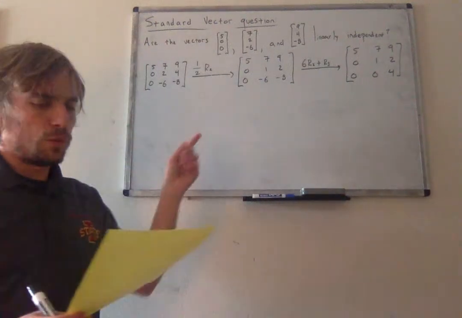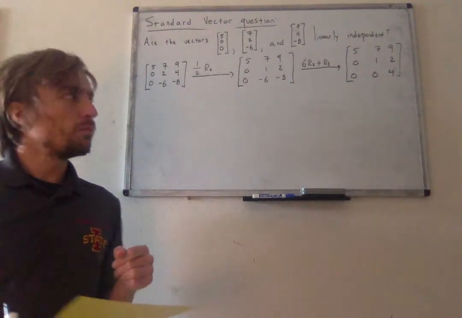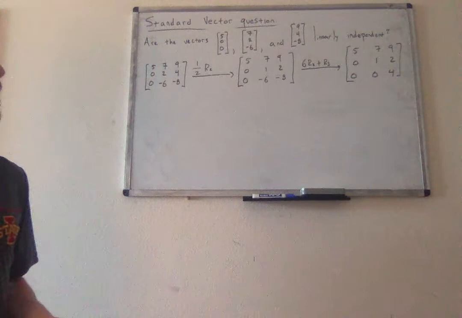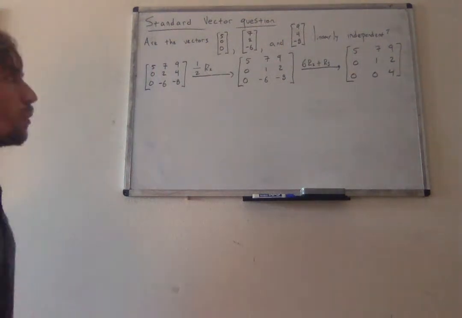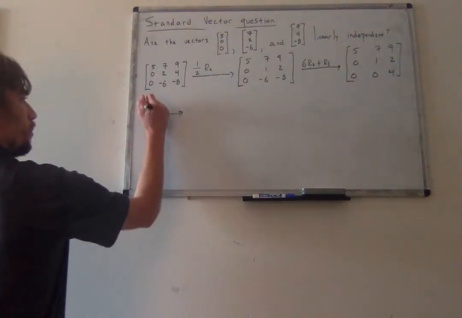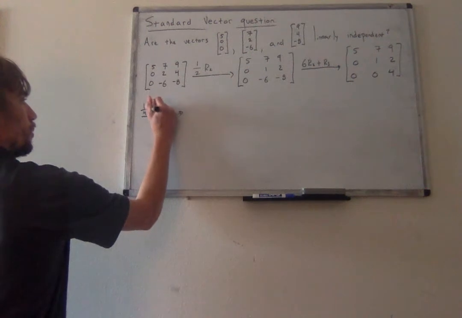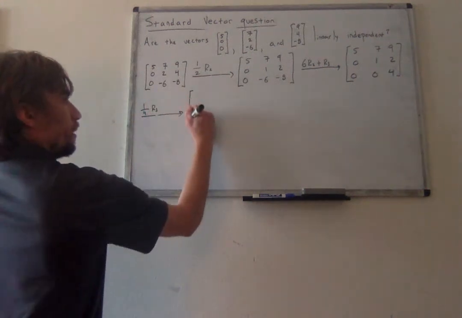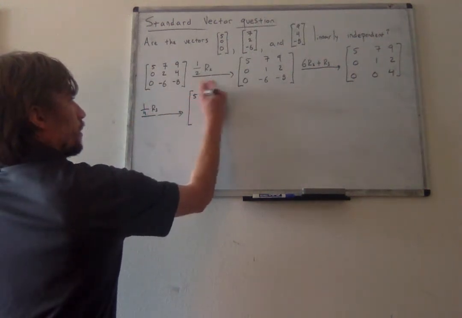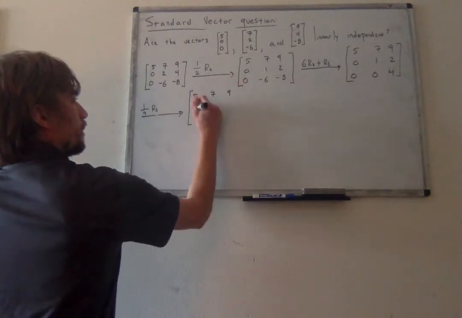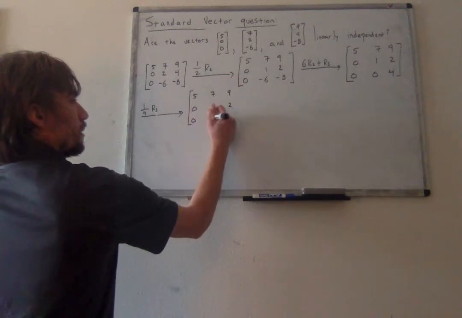Does that look right to everyone? Yeah, I think that's right. Okay, so now we're going to do 1/4 row 3. 0, 1, 2, 0, 0, 1.